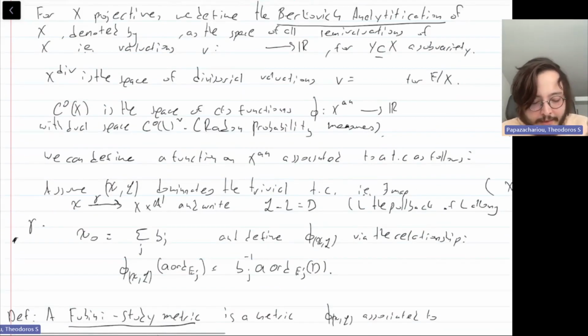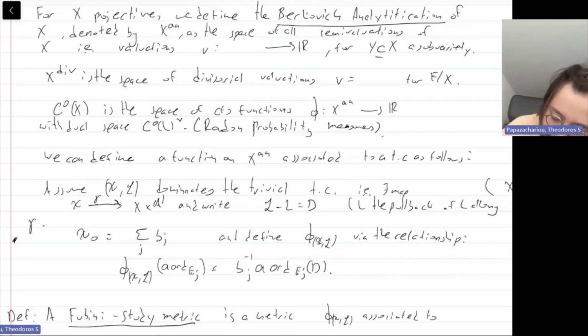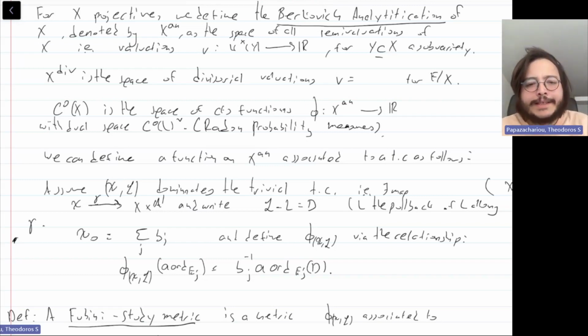The important thing here is that if X is a projective variety, I can define this Berkovich analytification of X. This is denoted by X^an, and this is the space of all semi-valuations of X. So we can think of valuations that start from the function field of Y, where Y is a subvariety of X. So in particular, we can also think of X as a subvariety of X^an.